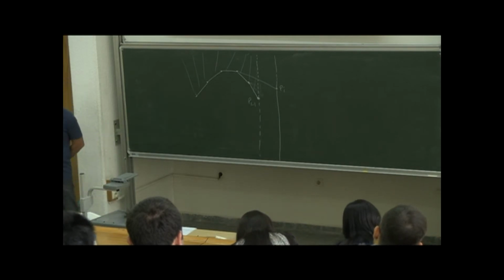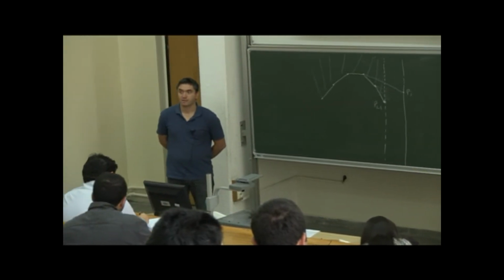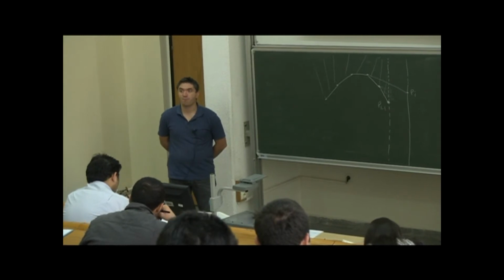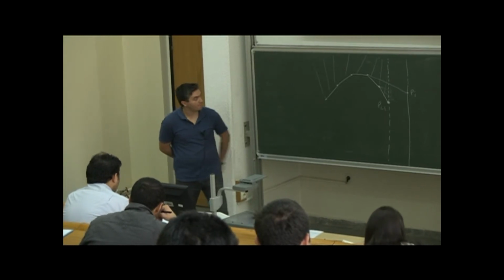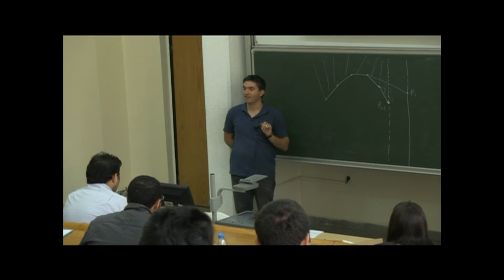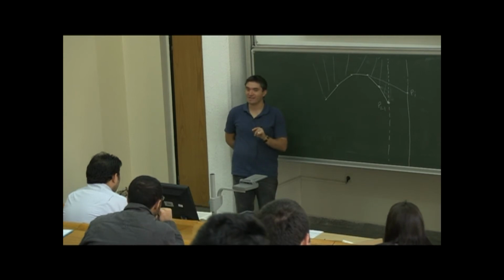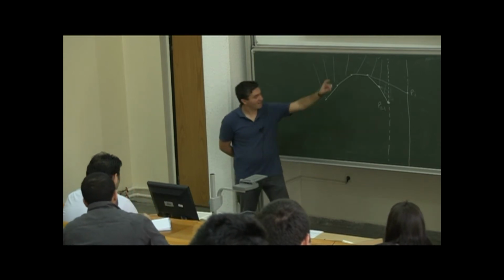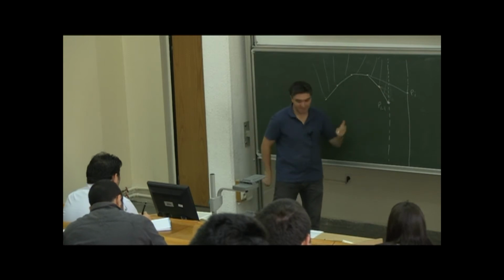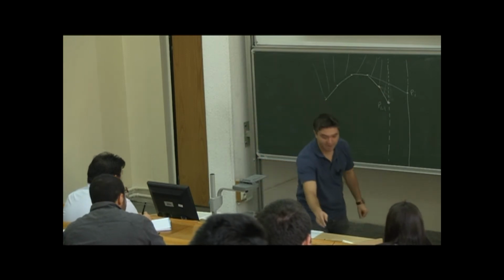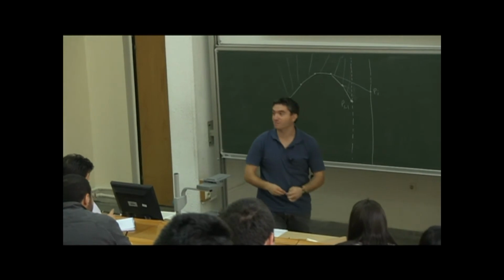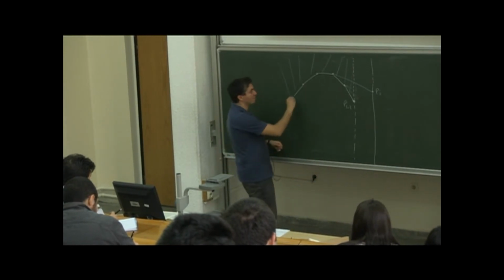Now, the question is, is it possible to have a point on top of this hull? Okay, so if you can prove that there can be no point on top of this second hull I have drawn here, it shows that your algorithm works correctly. Okay, this is how you prove the correctness.